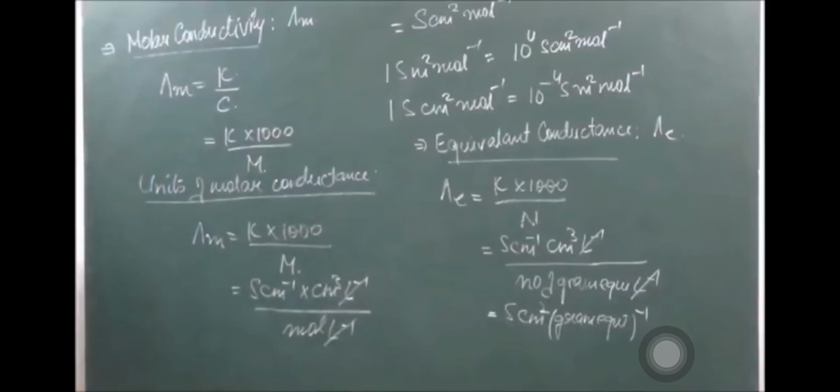So the next topic is all about the change in conductance with concentration. For that we should remember what is cell constant, what is molar conductivity and what is equivalent conductivity, because the equations will be based on these only, and we also have numericals on this basis.